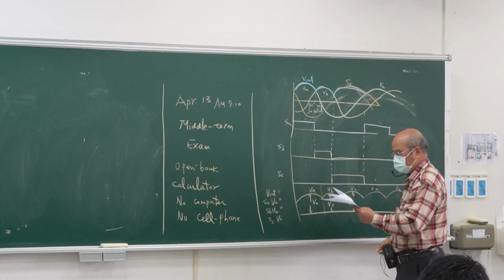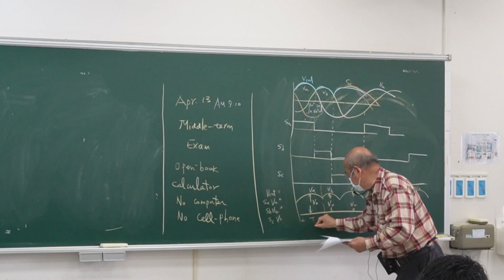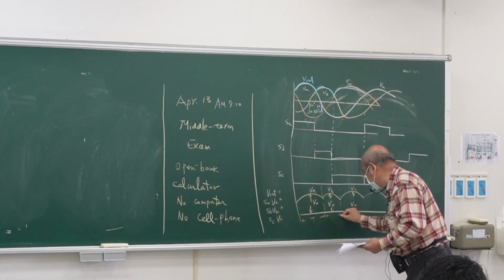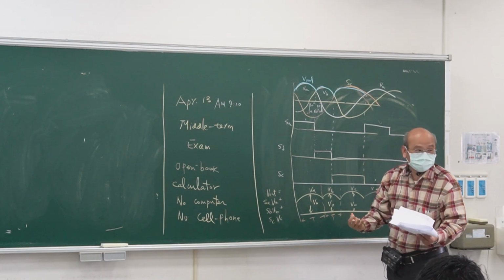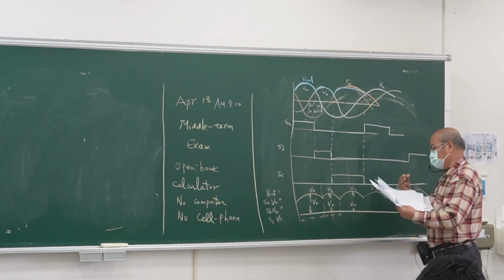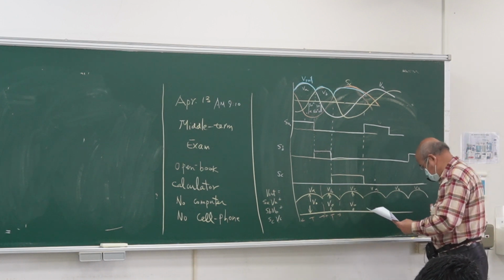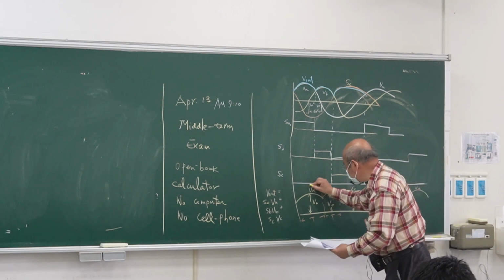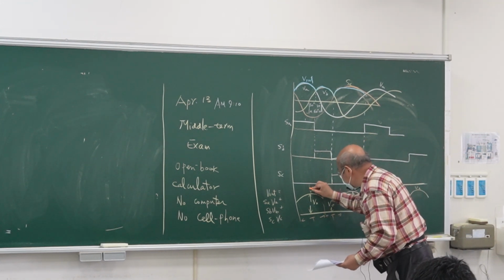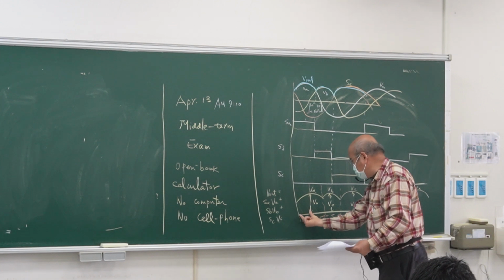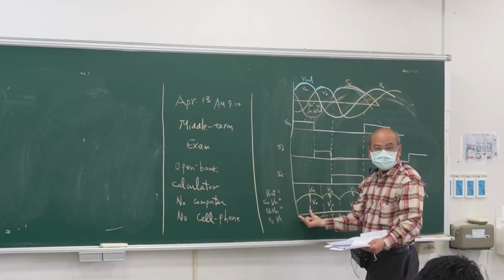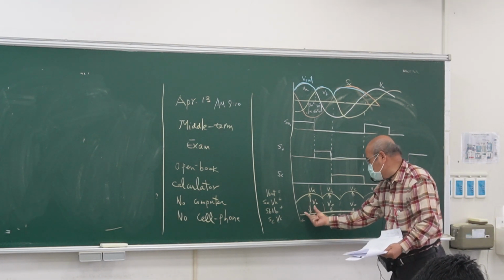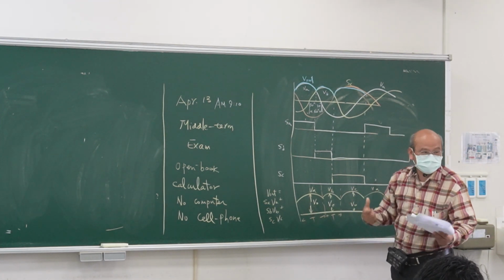We call this one period, one T. We also can calculate from here to here, but the answer is the same, right? So we only need to calculate one time, because this is symmetric. You can calculate a full period, and you also can calculate a half period because it is symmetric. From here you get the answer, from here you get the same answer.